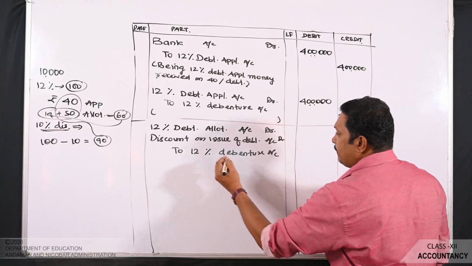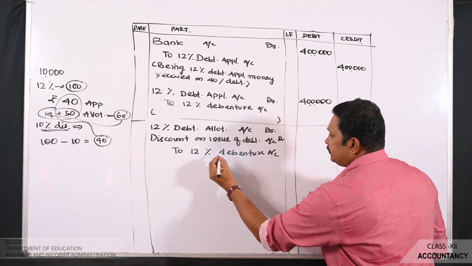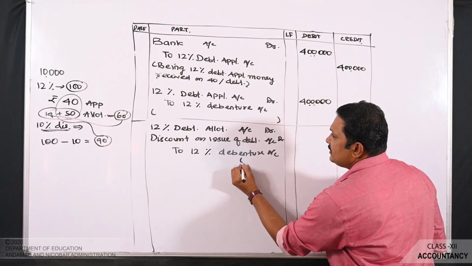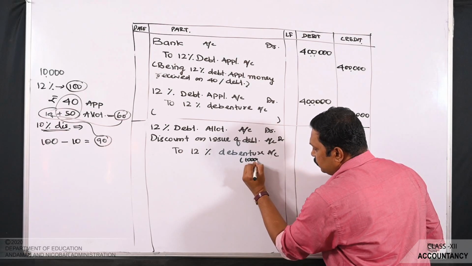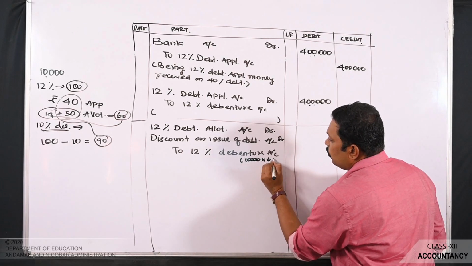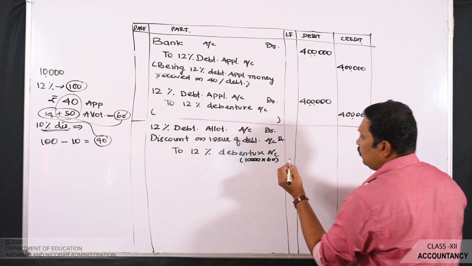Now what is the value of debenture here? The value of debenture is 10,000 into, what is that? Actual value is 60, no?